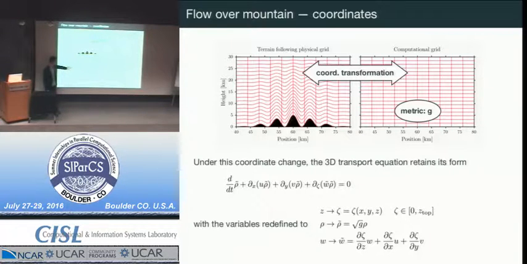I just have to redefine my variables cleverly. I have a new vertical coordinate, zeta. I have a new conserved quantity: I used to have the physical density, rho, of the tracer, and now it's weighted by the Jacobian. And then I have this new velocity that couples all of the physical velocities together. So if I go to these new variables, I can evolve the same equation, so the code doesn't have to change.